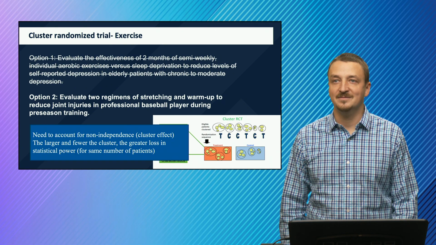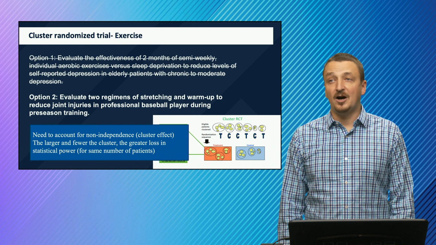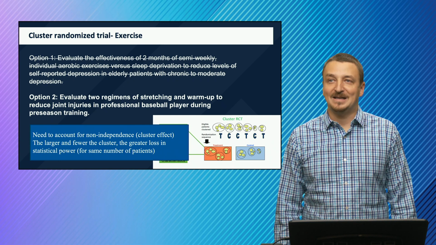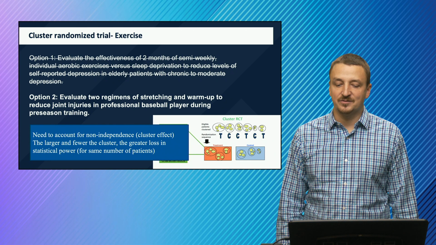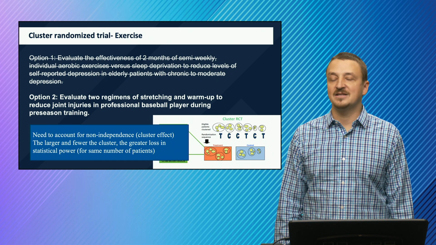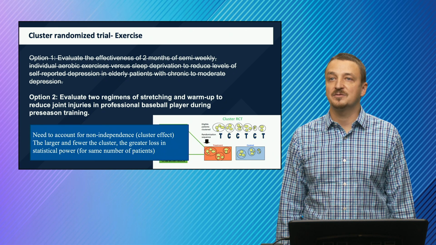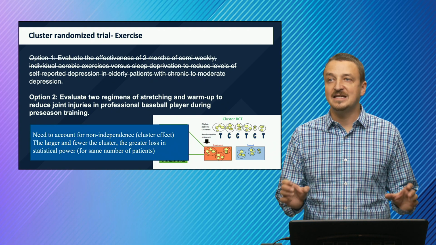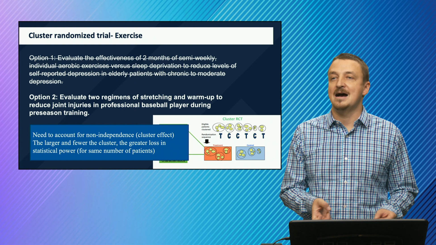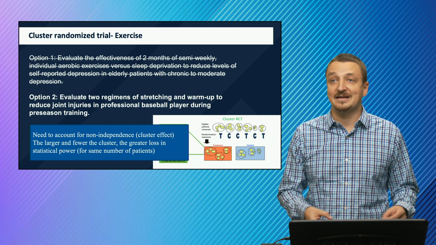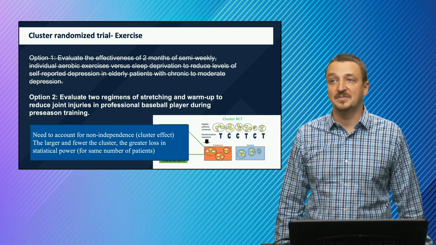Now to the solution. Really, option 2 is the best example for a cluster randomized trial design to evaluate 2 regimens of stretching and warm-up to reduce joint injuries in professional baseball players during preseason training. The different teams are fairly matched, of course, because of the same positions, etc. So they would basically be used as clusters.